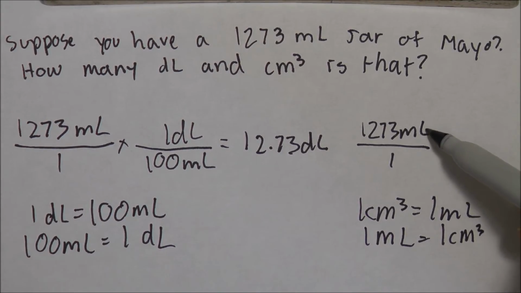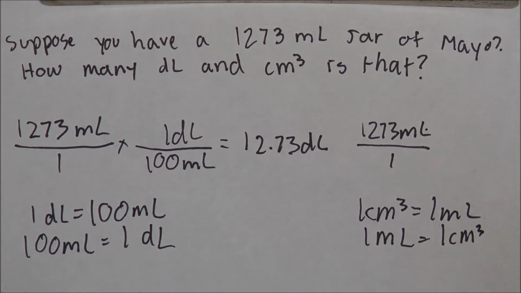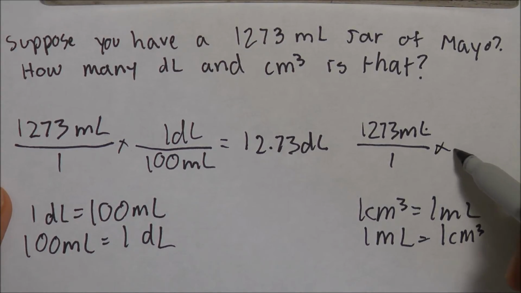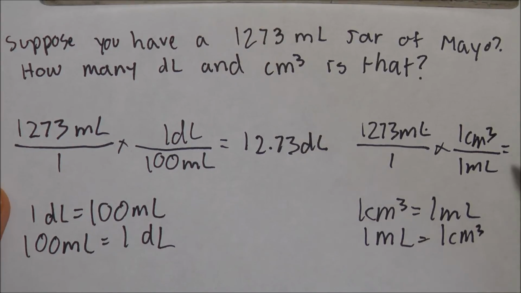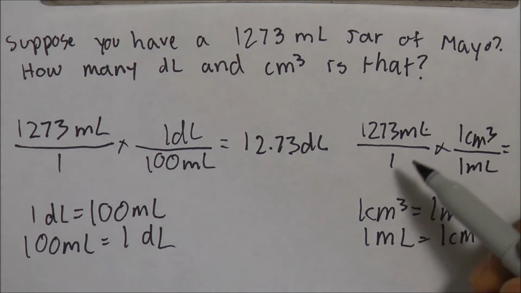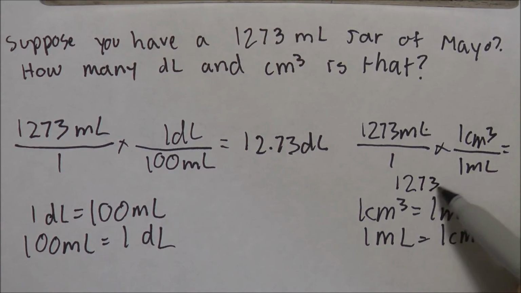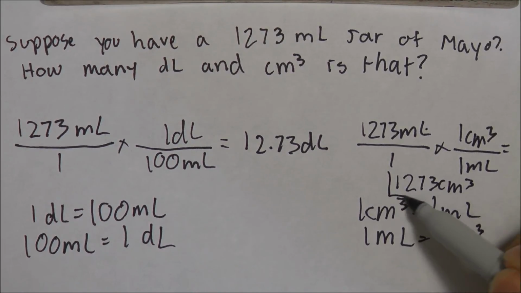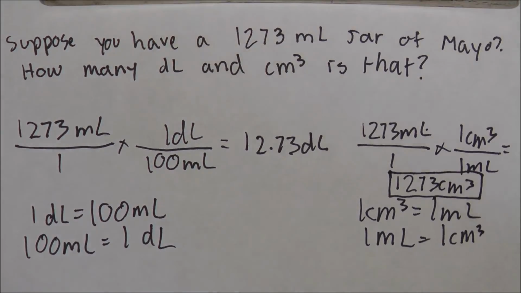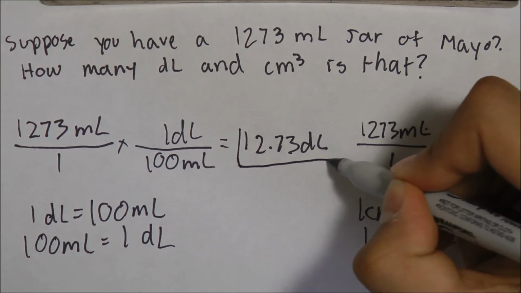So how do you get rid of milliliters and change it to centimeters cubed? Well, you need milliliters on the bottom, so 1 milliliter is 1 centimeter cubed, which, without even using a calculator, should be 1,273 centimeters cubed. And sig figs are already with that. These are your 2 answers.